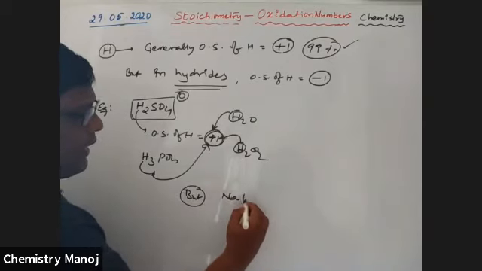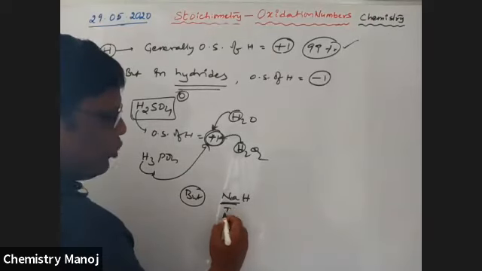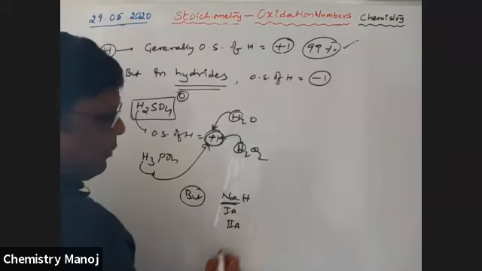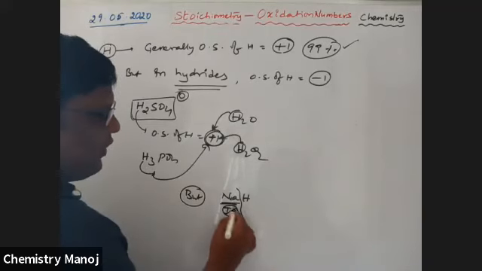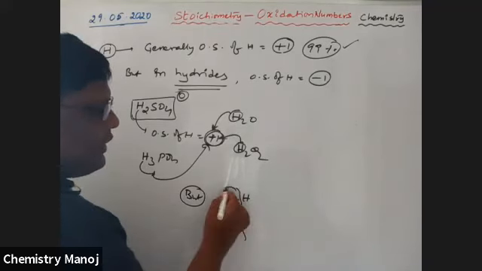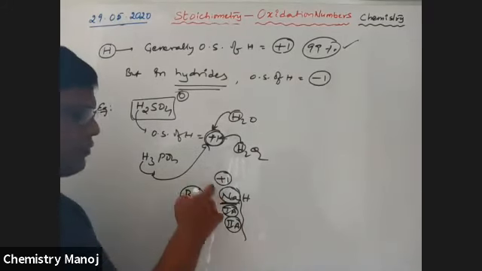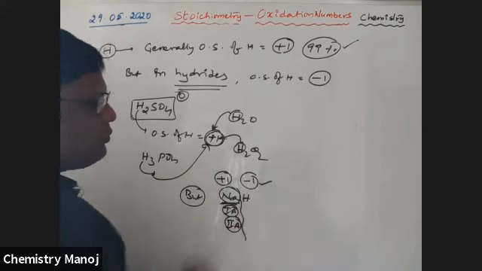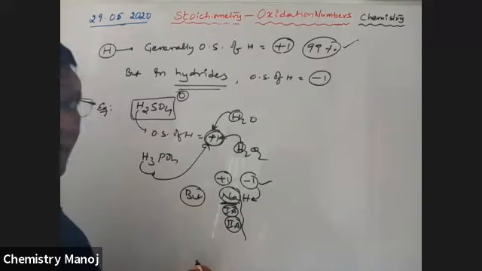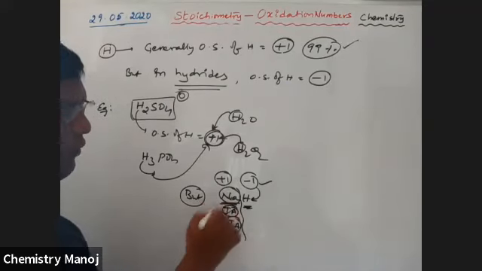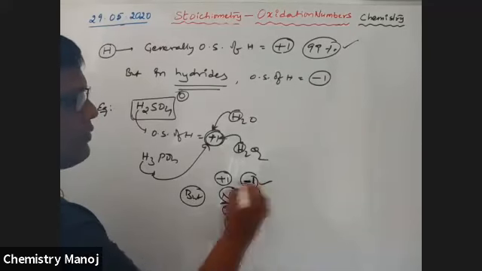But in NaH, with 1A group elements, 2A group elements, and some other cases, if hydrogen is connected with 1A or 2A group elements, their value is taken as +1 and it is fixed. If that is +1, hydrogen is -1. That's why where hydrogen is connected with 1A group metals or 2A group elements, hydrogen there is -1.